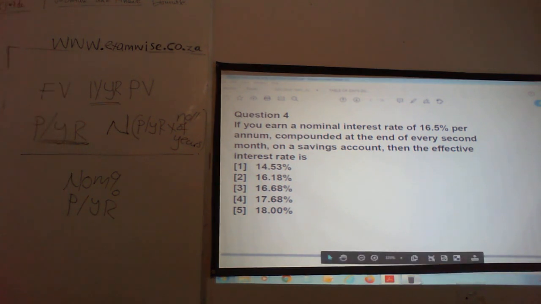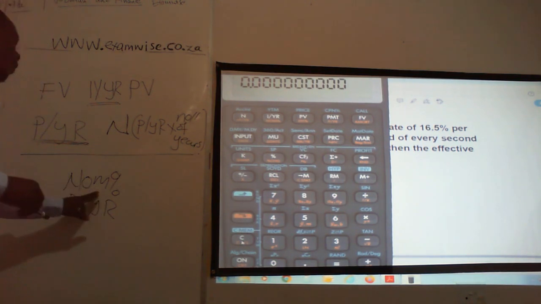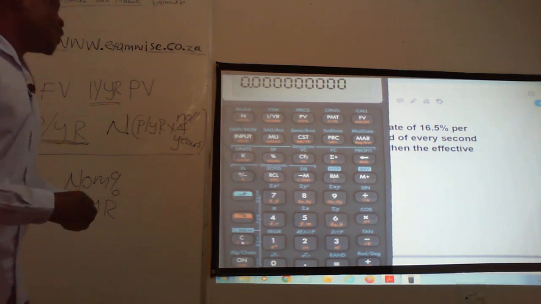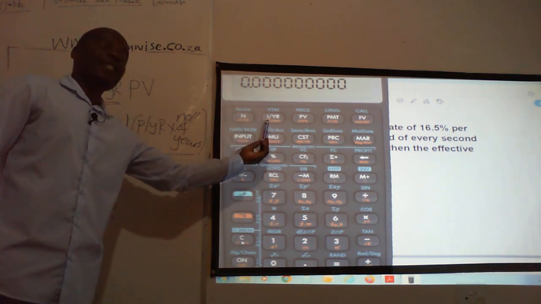So before we actually go to the question, let us explain on the HP financial calculator. The first thing here, we'll start by clearing our memory. So here we have cleared our memory. NOM is our nominal interest. Our nominal interest is on the 1 over YR button, but it is in orange.